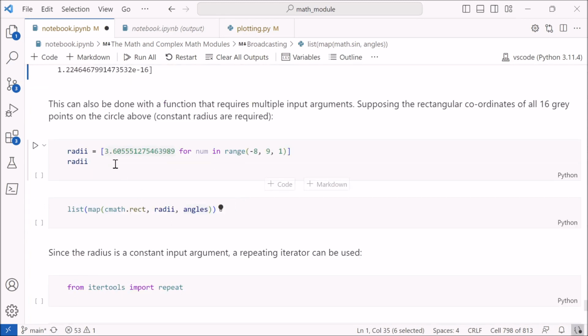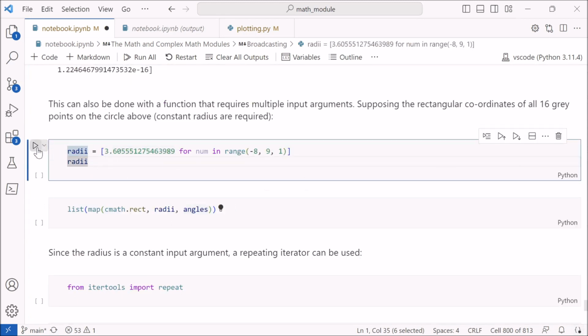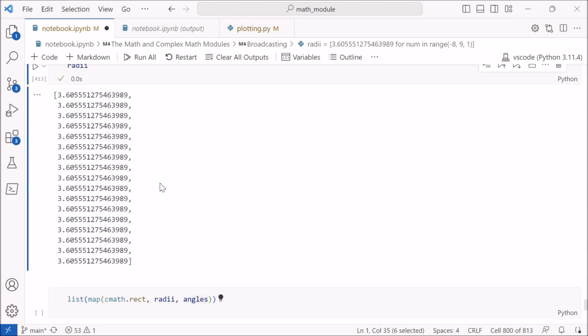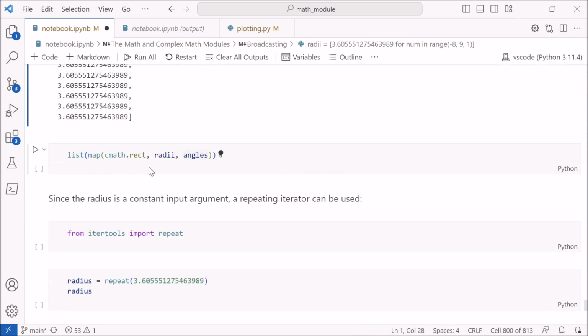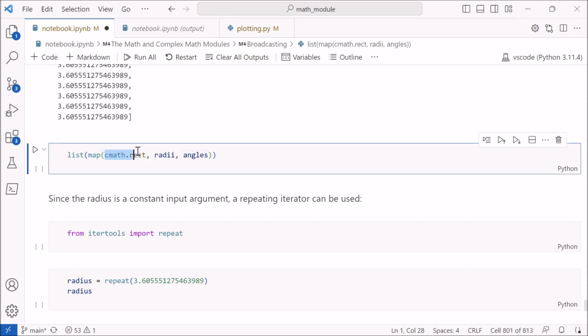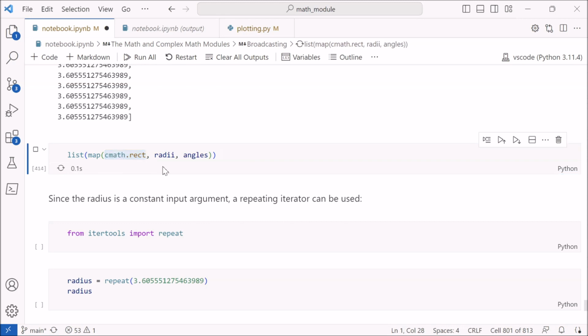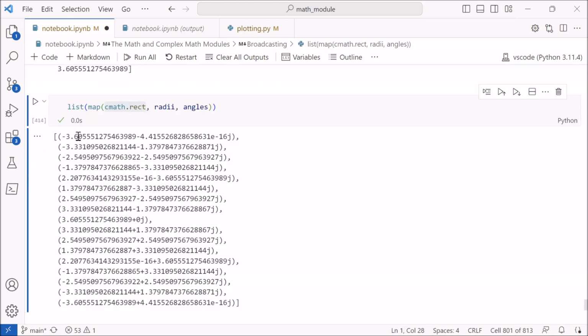So what we can do is create a list comprehension of constant radius, and we've already got the angles from earlier, so we can use the cmath function rect to give the real and imaginary components for each of these angles.